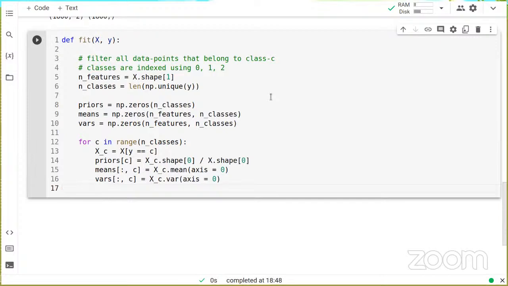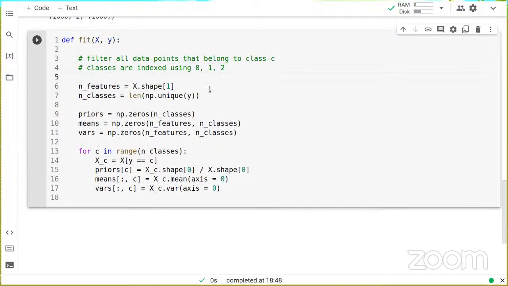Both are the same, but what we're really counting is the number of data points that belong to that particular class. You are right. That might be more appropriate.